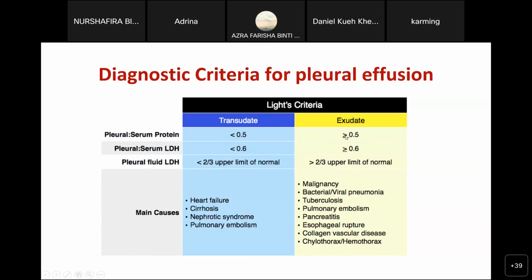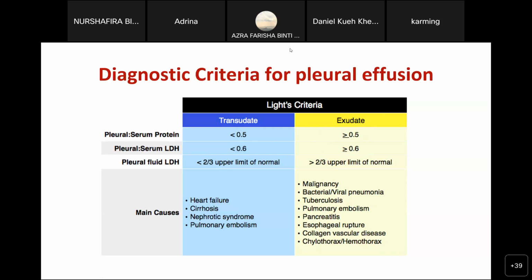If it's more than or equal to 0.5, it is considered exudate, which contains more protein and LDH as there is increased capillary permeability. So bigger components such as protein and LDH can pass through and enter the pleural cavity.